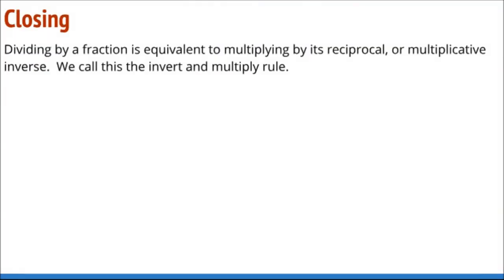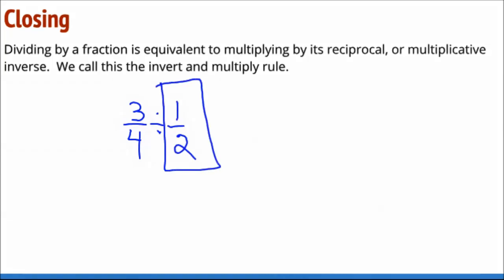All right, so quick closing thoughts here. Dividing by a fraction is equivalent to multiplying by its reciprocal or multiplicative inverse. We call this the invert and multiply rule. Now it's important as we look at the invert and multiply. We are using the divisor.